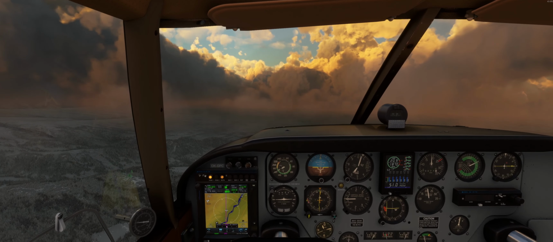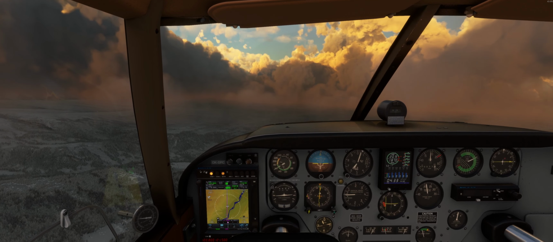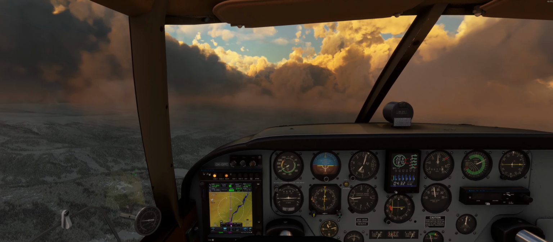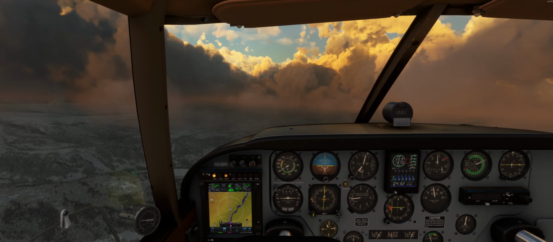Traffic, November 36 Foxtrot, upwind, runway 33, 2,400, climbing 9,000 feet, departing to the northwest, final call, Healy River.